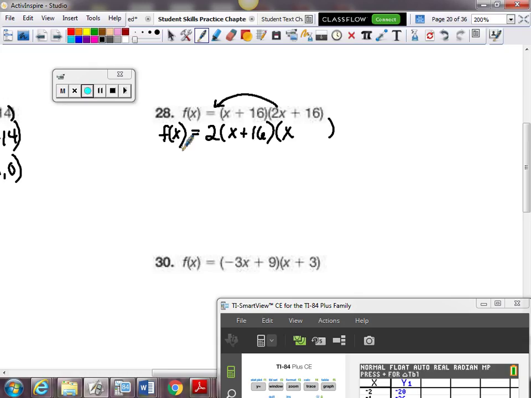So the leading coefficient should be in the beginning. So if I factor out a 2, I'm left with an x. If I factor a 2 out of the 16, that's plus 8. I didn't factor out a negative, so I'm not changing any signs. So now my zeros are negative 16, 0, and negative 8, 0.